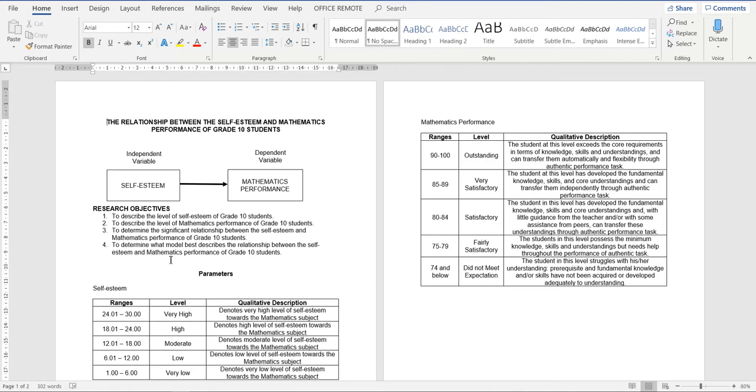It is also important to understand the parameters because the parameters will help you interpret the mean of your study. In this case, we have two parameters. One parameter for the self-esteem and another parameter for the mathematics performance.